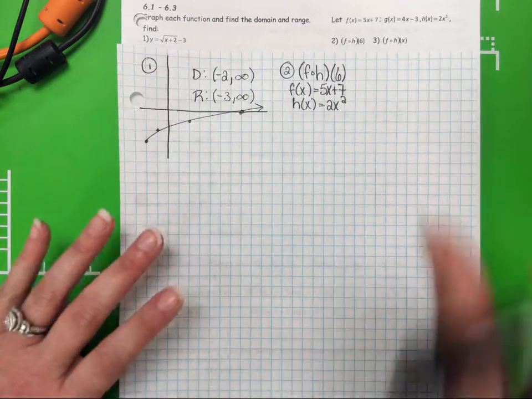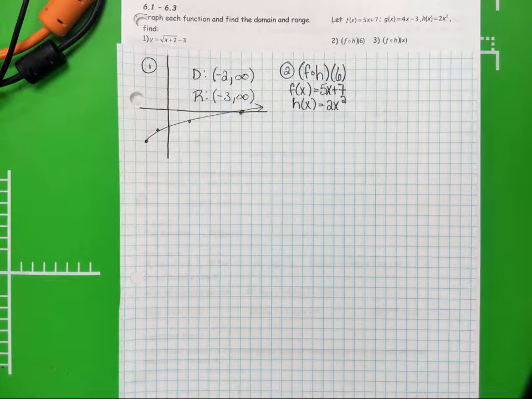Okay, so what do I do first? Where do I plug that 6 first? Which one? F of X or H of X? Where do I plug that 6 in first?